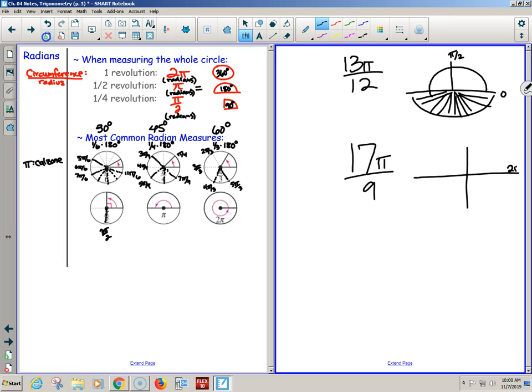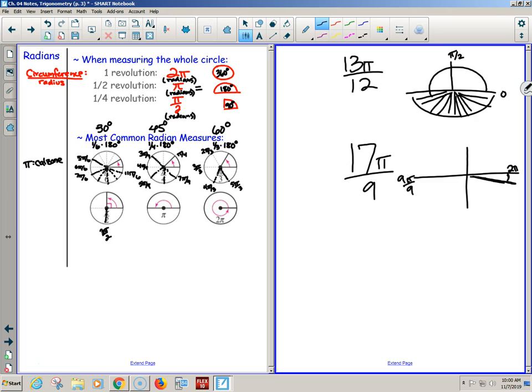So 9 ninths would be 1 whole, and 2 whole pies, or 2 whole calzones, would be 18 ninths. So it's 1 shy. If I do my fractions, it's 1 shy. So you're in the 4th quadrant, just a little bit away from all 18 pieces, 2 pies.